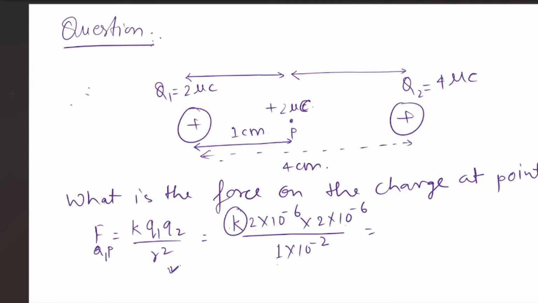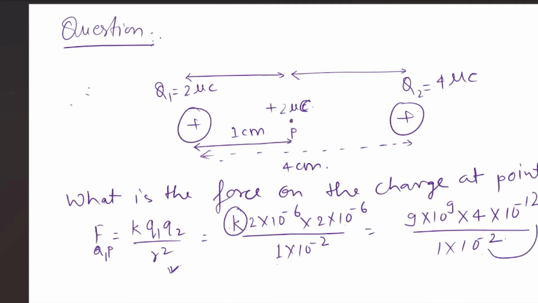First of all, let me substitute the value of K. K is 9 into 10 power 9 Newton meter square per Coulomb square. So 9 into 10 power 9 into 4 into 10 power minus 12, divided by 1 into 10 power minus 2. The 10 power minus 2, if it goes up, becomes plus 2.